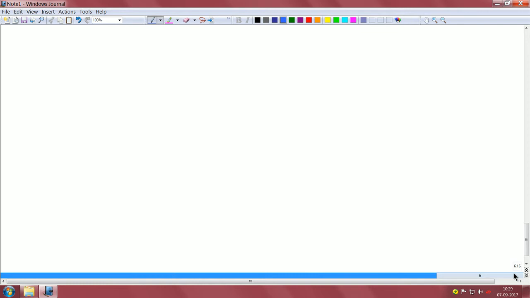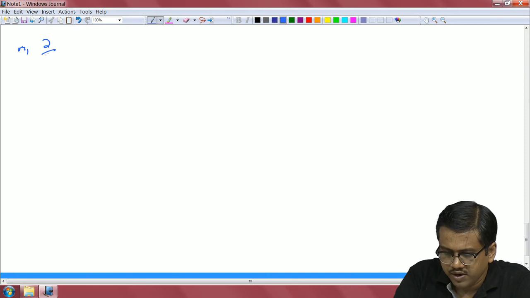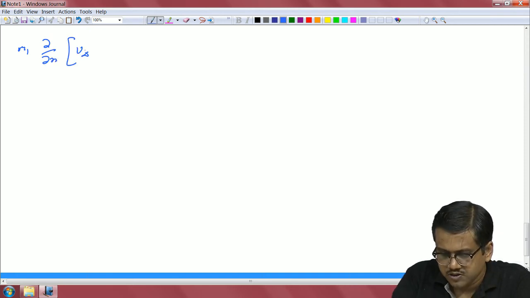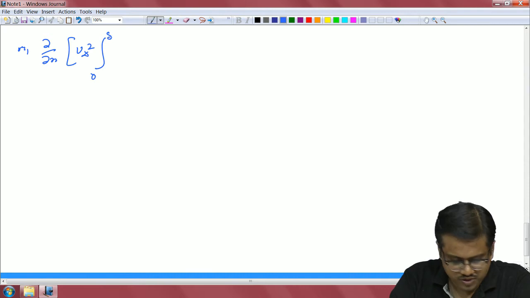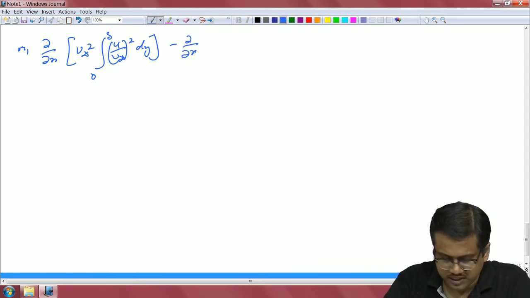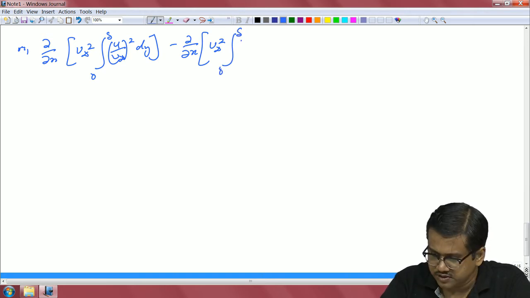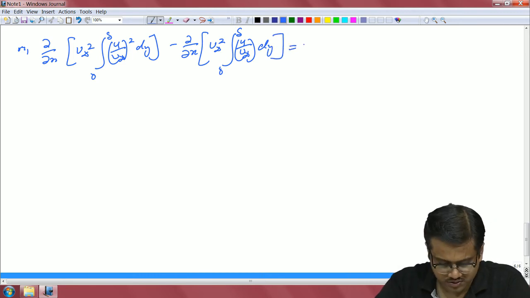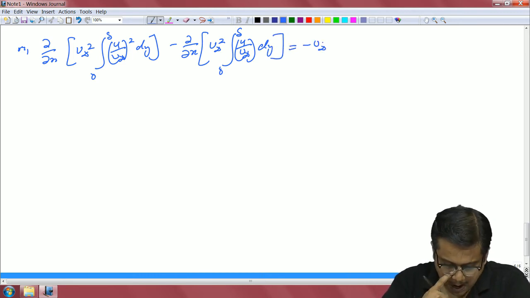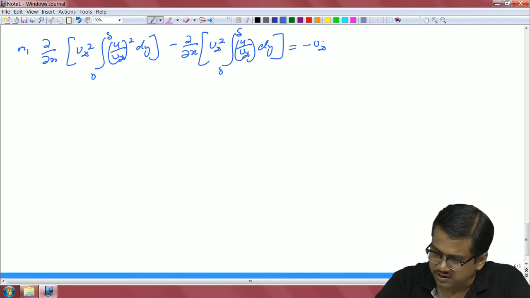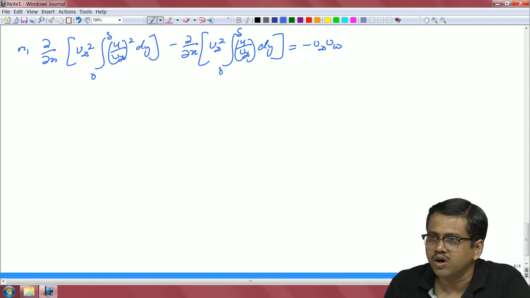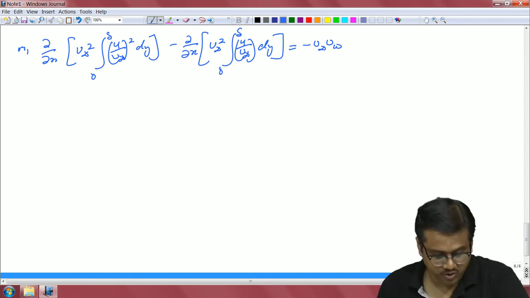Okay. So, now doing some more algebra, taking u infinity square out, 0 to delta u by u infinity square dy, minus d by dx square 0 to delta u by u infinity dy is equal to minus v u infinity. This is whatever that Vw was, suction, blowing, it can be 0 also.